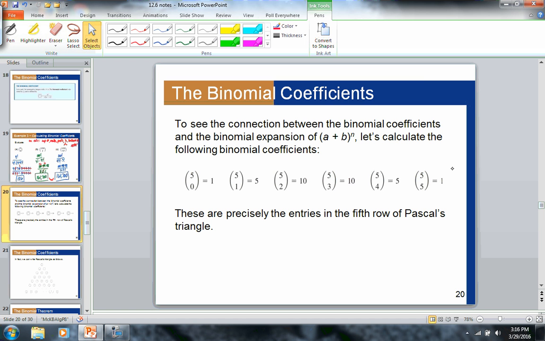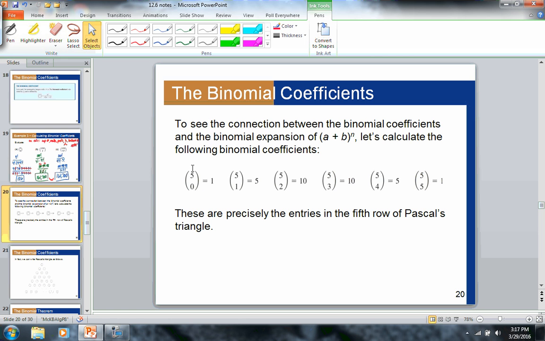So if I have a plus b to the 5th, then I would have a 5 over a 0. That's like what my exponents are. I'd have a to the 5th. So I'm going to have that 5 across the top, and then the bottom is like what the exponent would be for the b. It's going to be 0, 1, 2, 3, 4, and then 5.